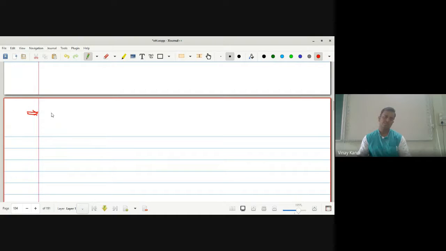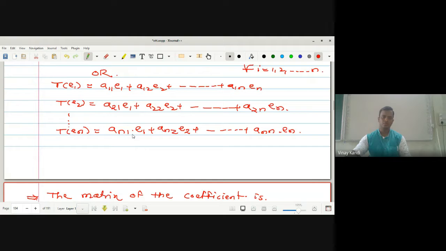So what is the matrix of the coefficients? Write down all the coefficients in one matrix. What is the first row?